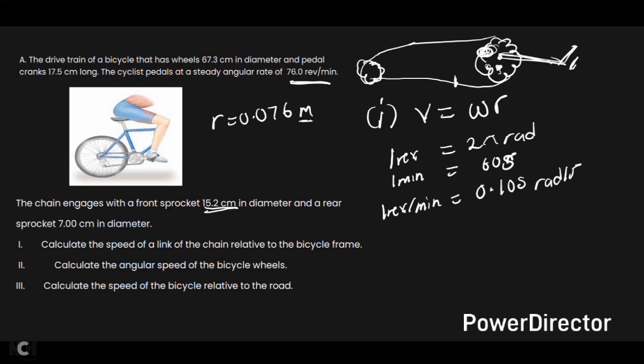Remember, we're converting this to rad per second, so 76.0 rev per minute is equal to x, such that your x will be 76 times 0.105.